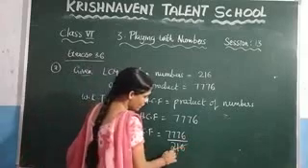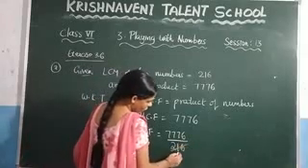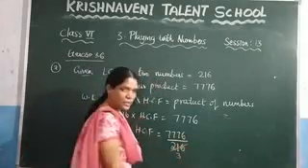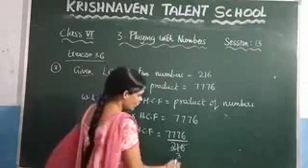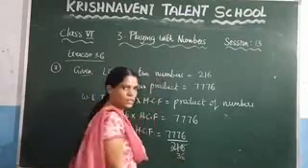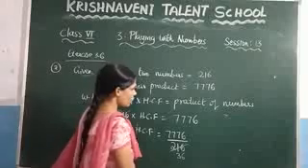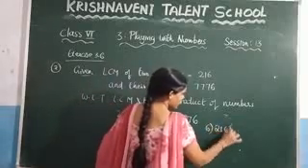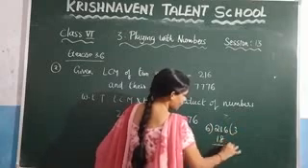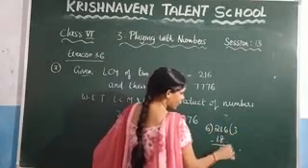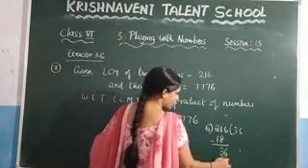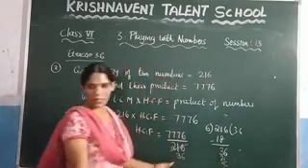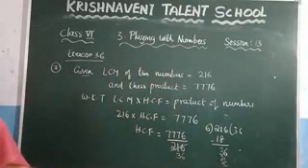So cancel it here and here. 6 3s are 18, and after that 3 will be left out. 6 6s are 36. You can do it directly here, or you can do it by using the normal division also. You are getting the remainder as 0. But here I am doing it directly.